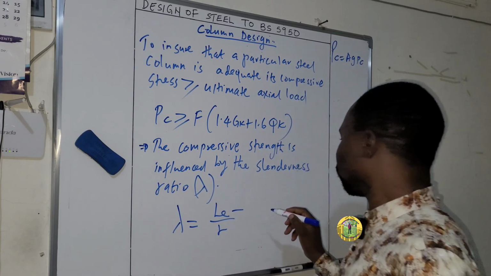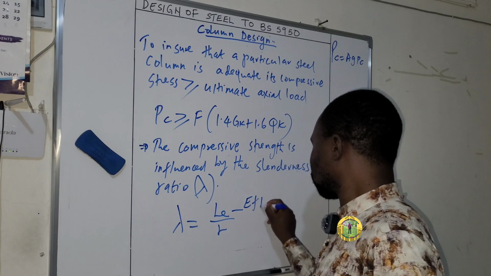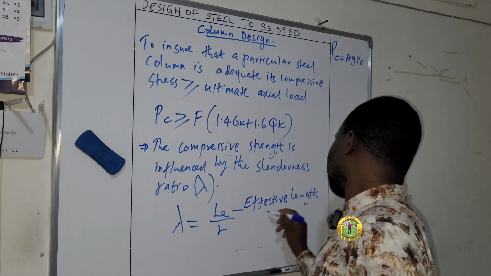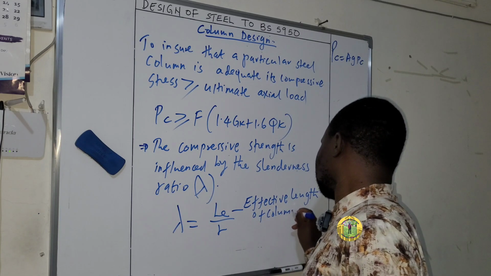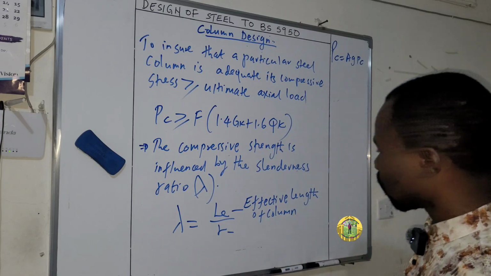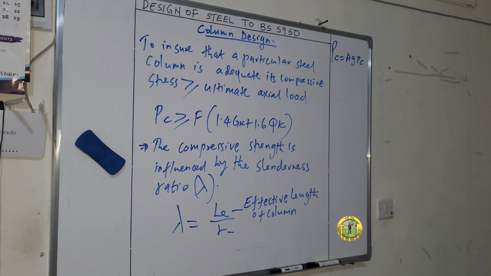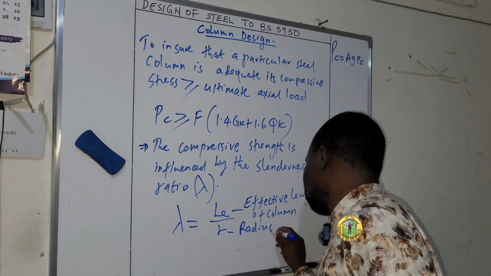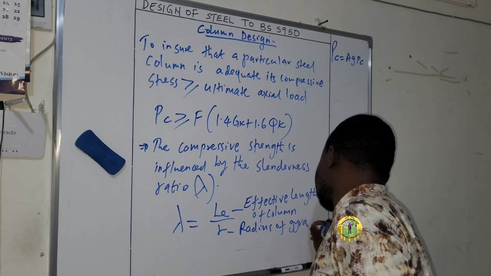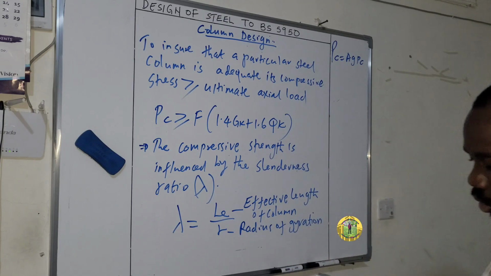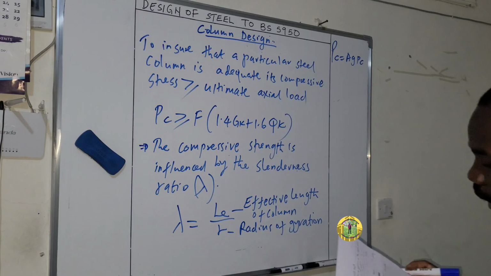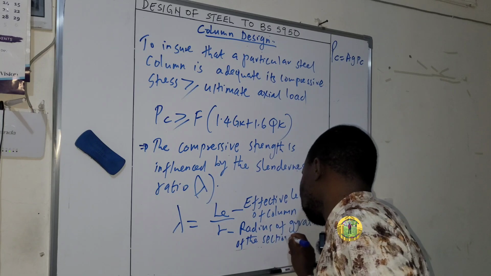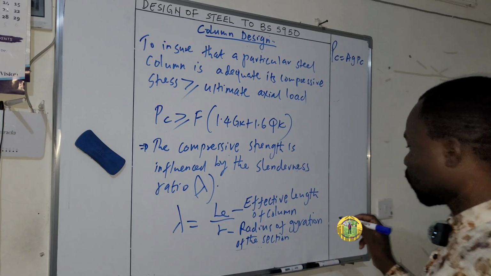LE is the effective length of column, and r is the radius of gyration of the section about the relevant axis of the section.